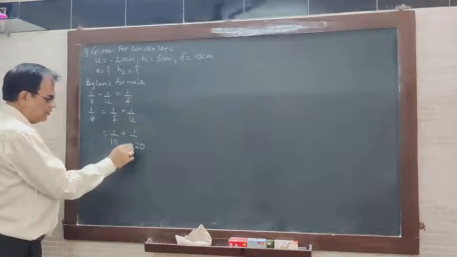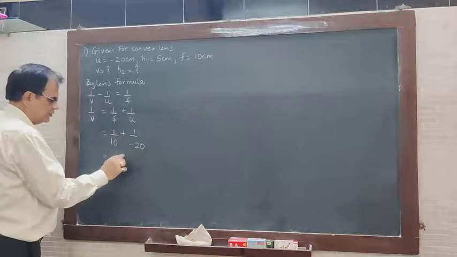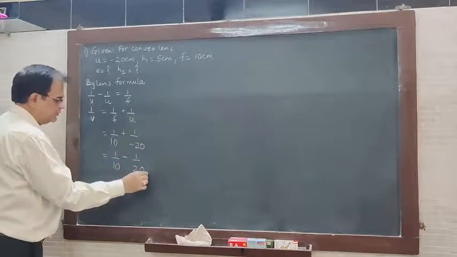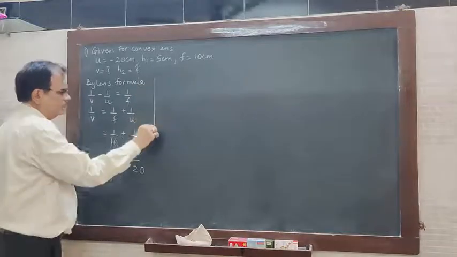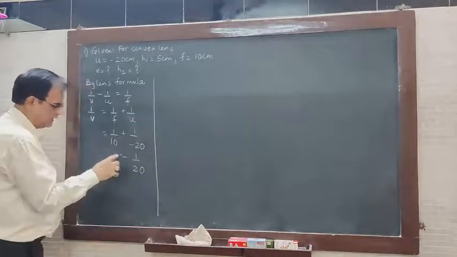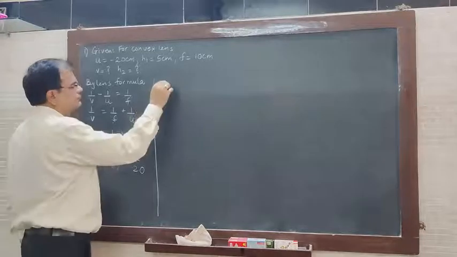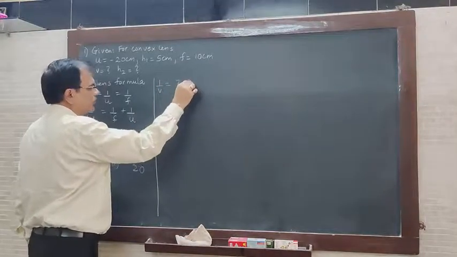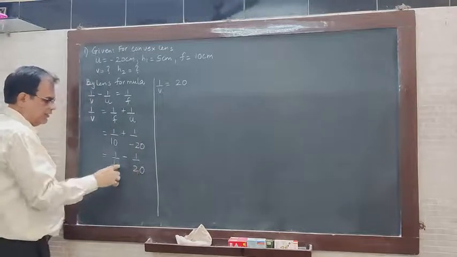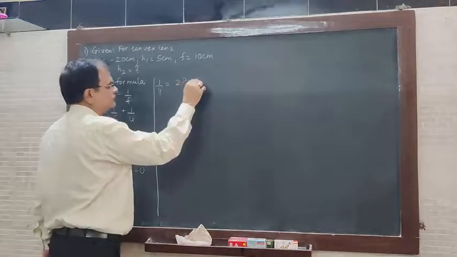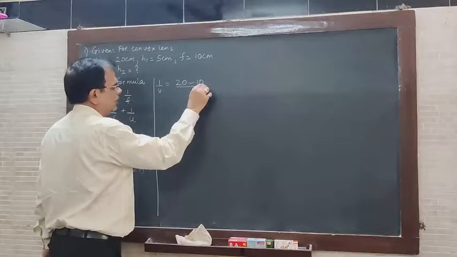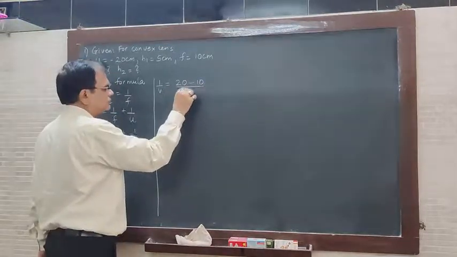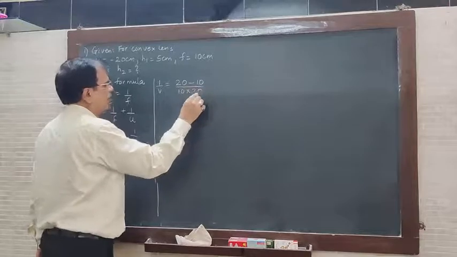1 upon 10, minus into plus, minus 1 upon 20. Okay. Now cross multiply. 20 ones are 20, 10 ones are 10, upon 10 into 20.